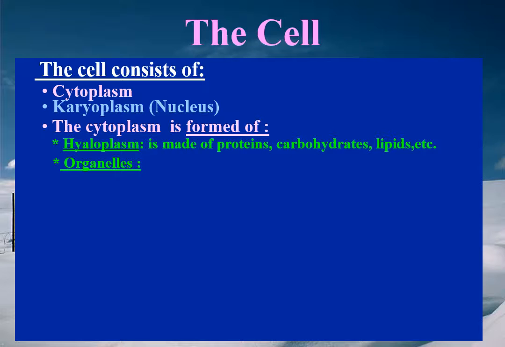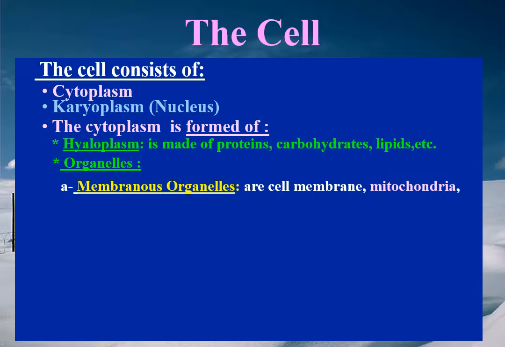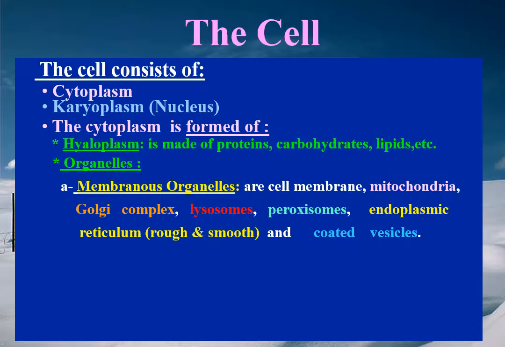Organelles are metabolically differentiated active units of the cytoplasm, and they are of two types. Membranous organelles are cell membrane, mitochondria, Golgi complex, lysosomes, peroxisomes, endoplasmic reticulum, both rough and smooth, and coated vesicles.